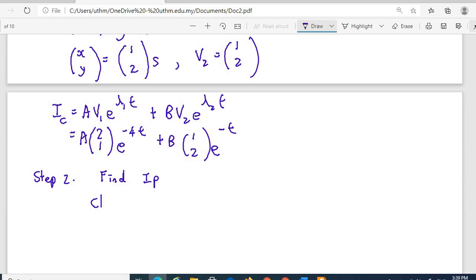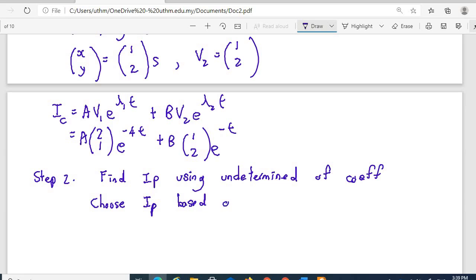So we choose IP. This one we use undetermined coefficients. Choose the IP based on GT.